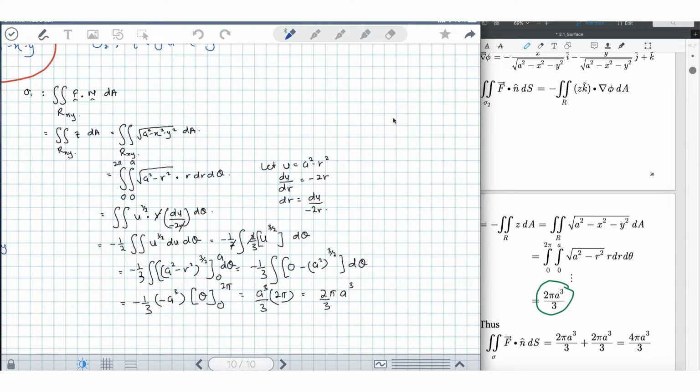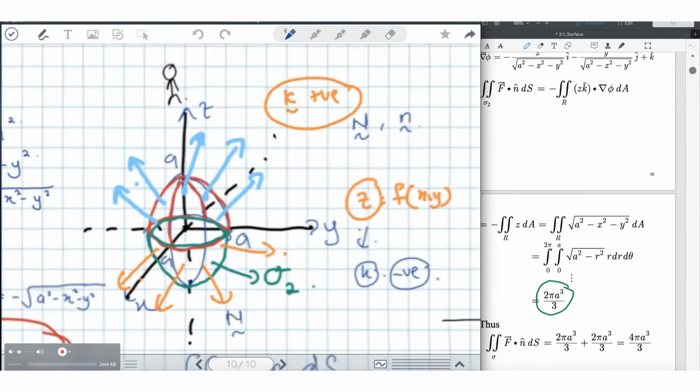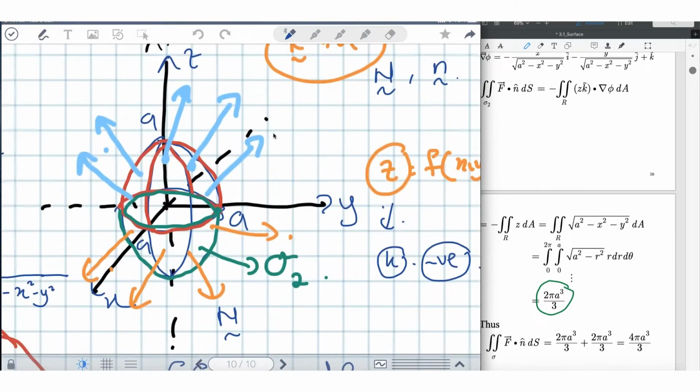Actually, for your information, this one we consider as a closed surface. You are talking about a surface integral, and your surface is closed. Just now, for the previous examples, I gave you all open surfaces.